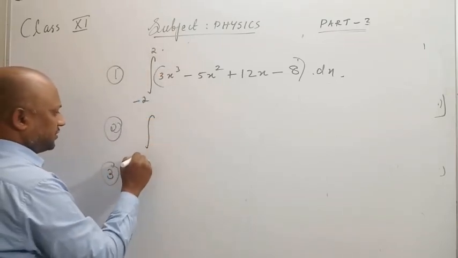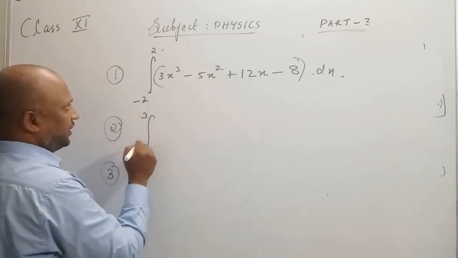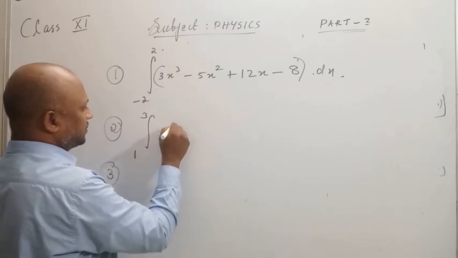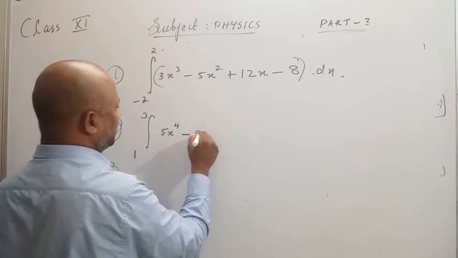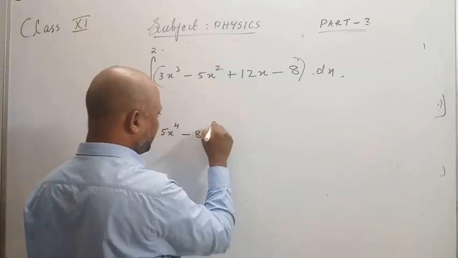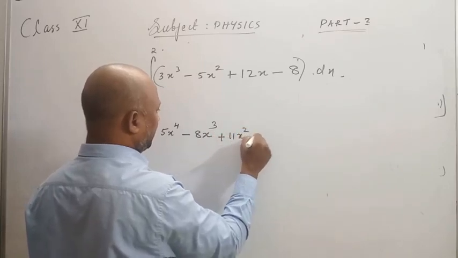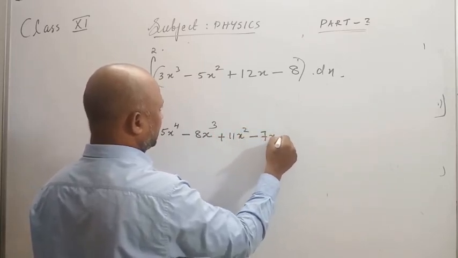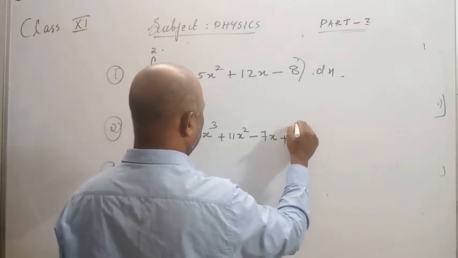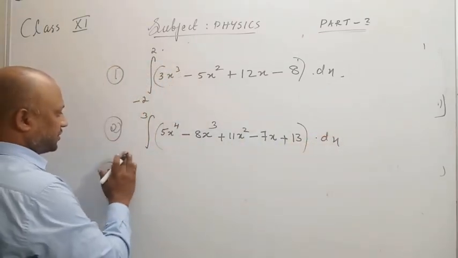And integration from 1 to 3 of 5x raised to 4 minus 8x cube plus 11x square minus 7x plus 13 dx.